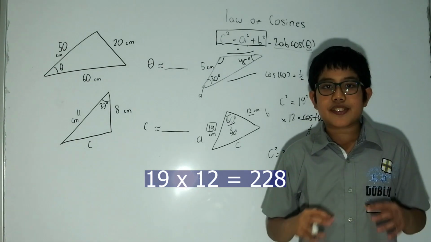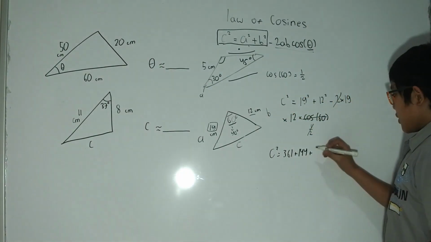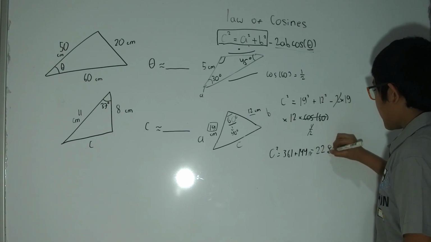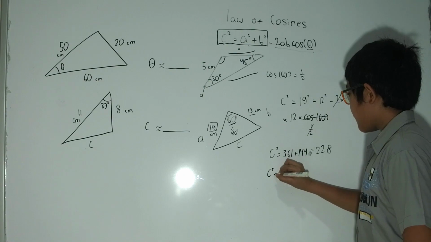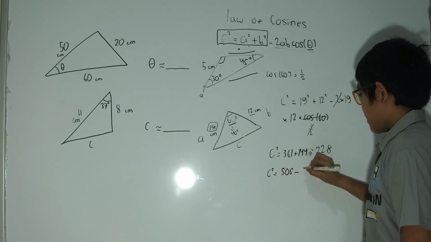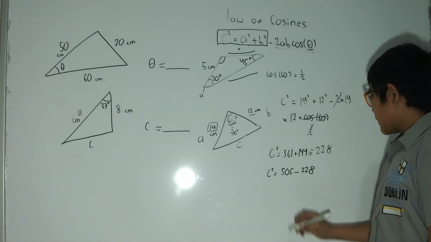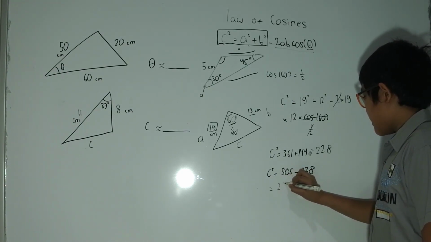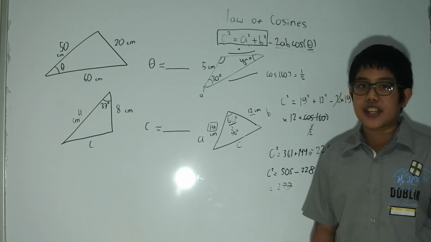And 19 times 12 is equal to 228. So this has to be minus 228. So then C squared is going to be 505 minus 228, which is 277. So C squared is going to be 277.